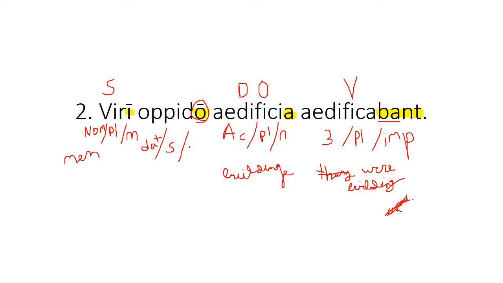And oppidum is a neuter noun. So if it's dative, that means it is our indirect object, which makes sense because this chapter is all about the dative case and indirect objects. So that's what you would expect from the textbook writers. Okay, so it would be for the town. I'm going to not write the, but you get the idea.